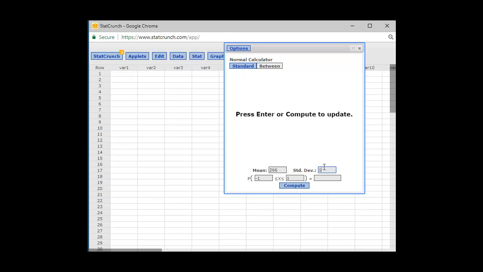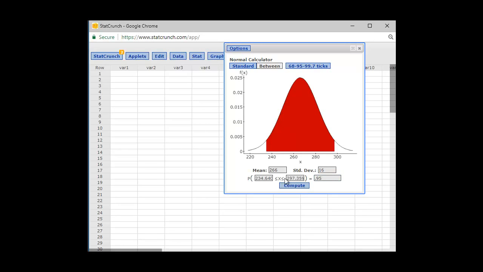And this time we're looking for data values, so I need to erase these two things. We're looking for the middle 95%, so I'm going to put 0.95, and StatCrunch miraculously knows that we are looking for the middle 95%. And so it'll find the lower limit and the upper limit, which matches what we came up with. Lots of thinking going on here.